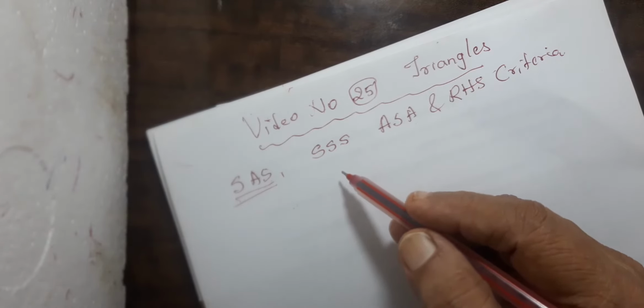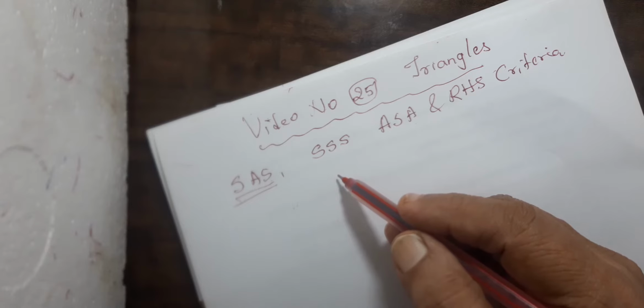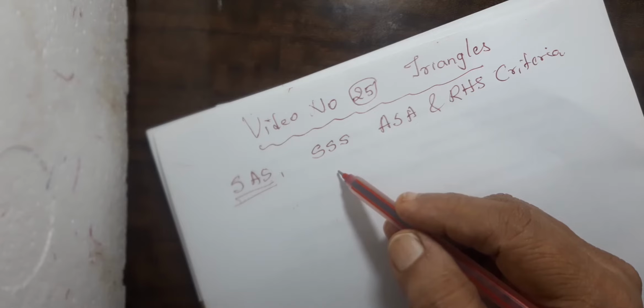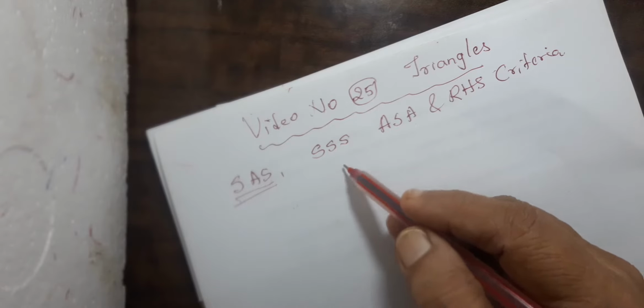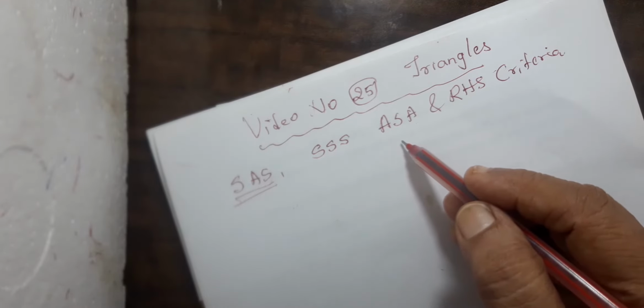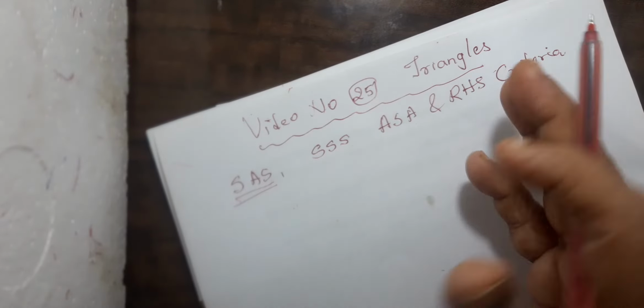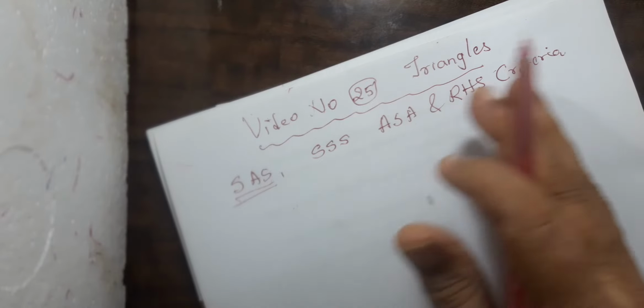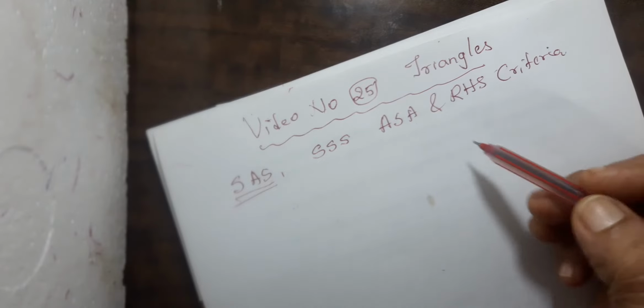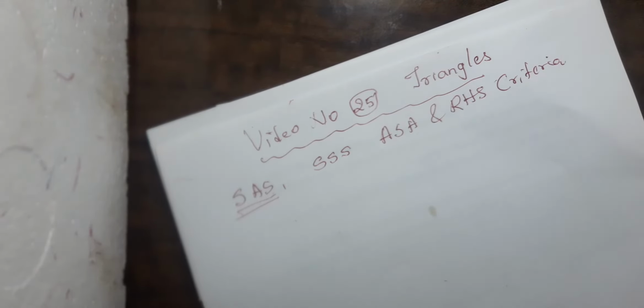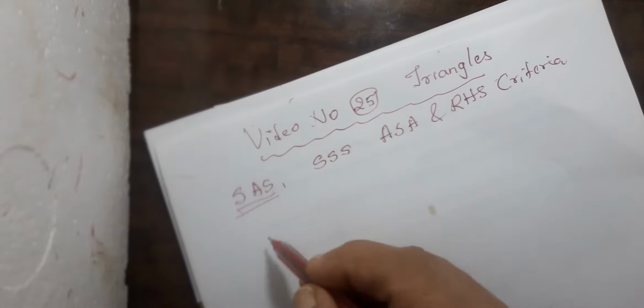But SSS means what? SSS means the ratio of the corresponding sides, all three sides, will be equal. You know that. If it is equal, then by SSS criteria, those two triangles are similar, we say. If we find the three sides in the same ratio, then the two triangles will be similar. Then in the same manner, there is a slight difference I told you.